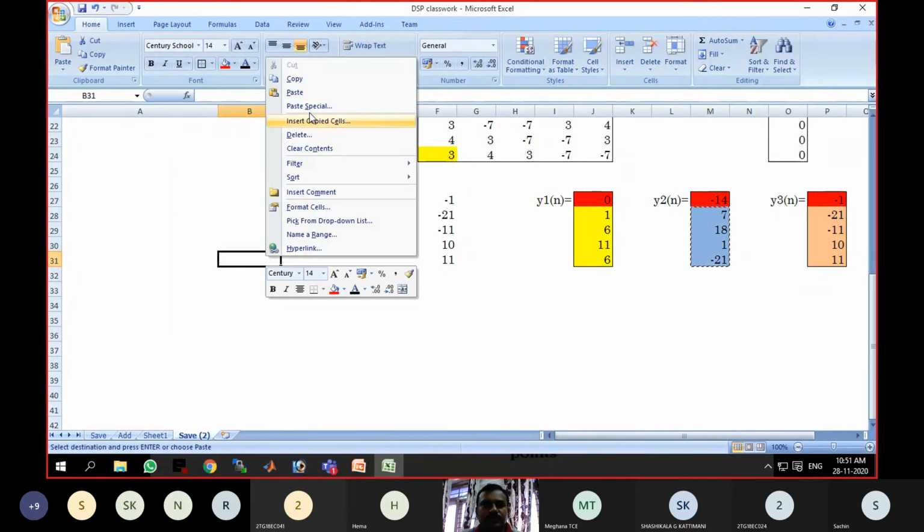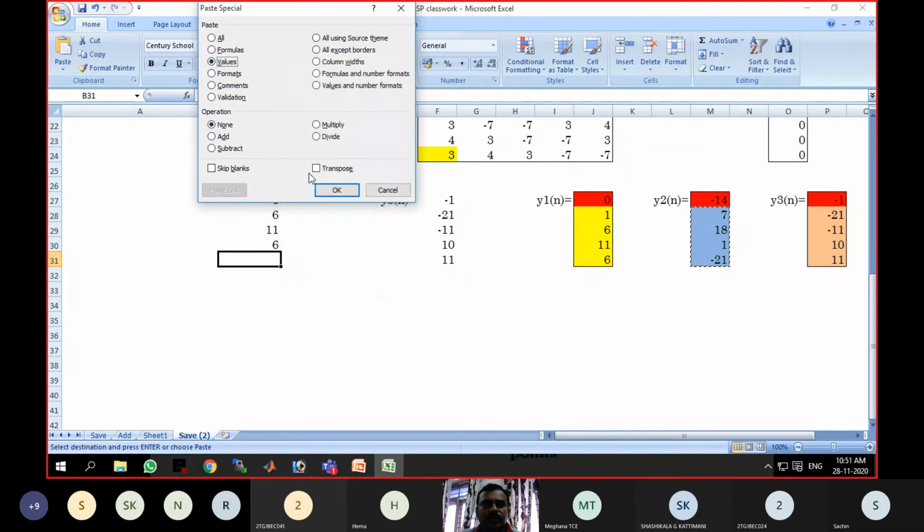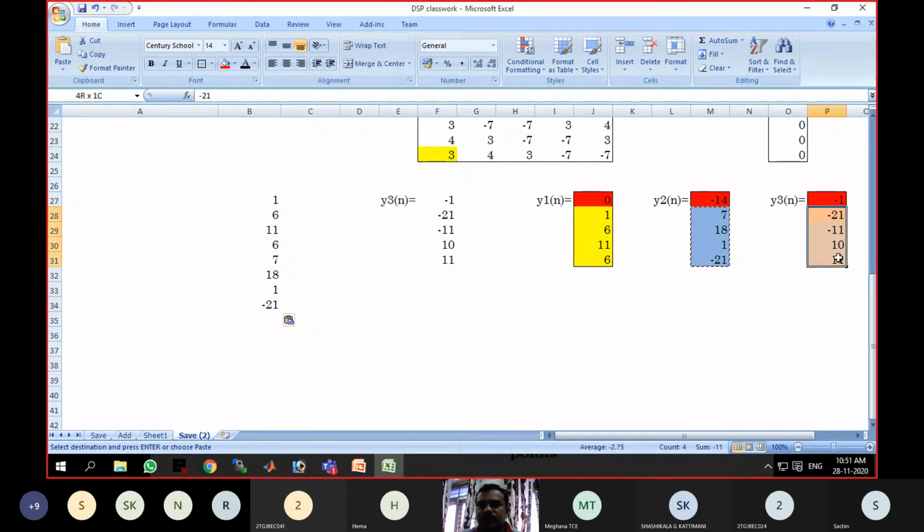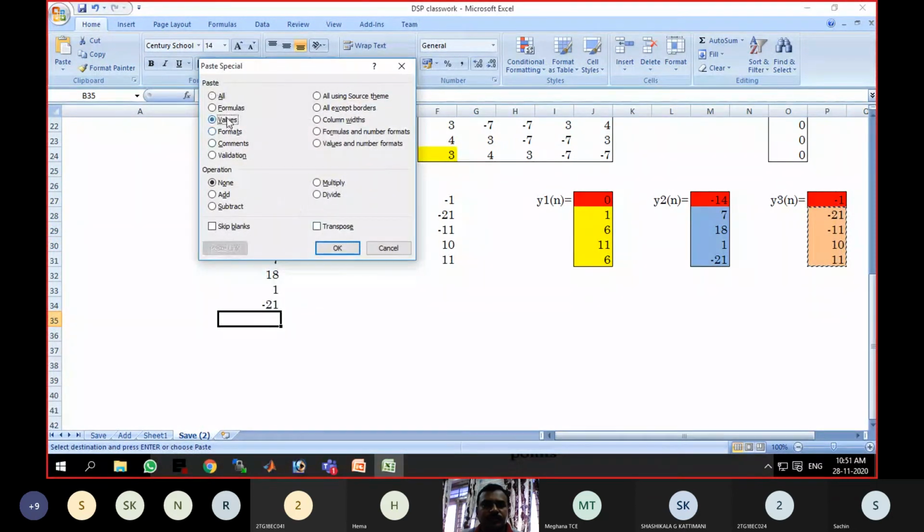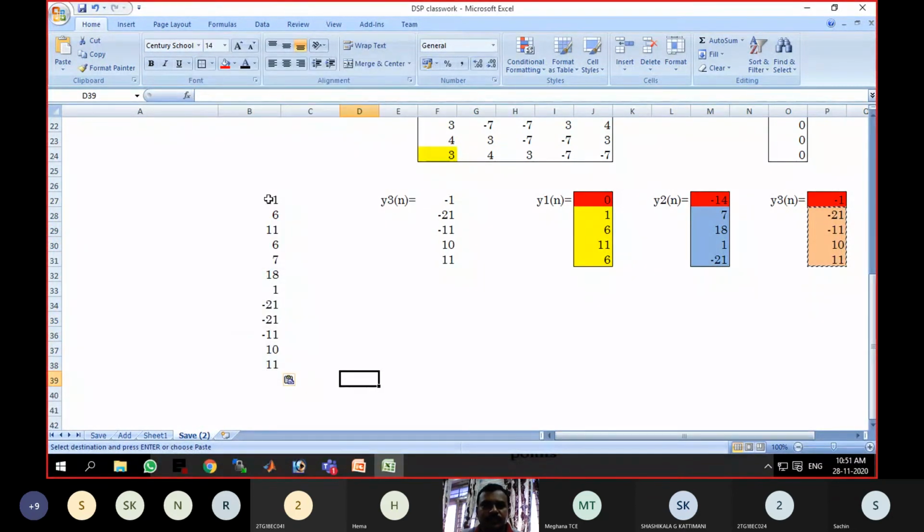Then the L elements from y2 and L elements from y3. So this is y of n.